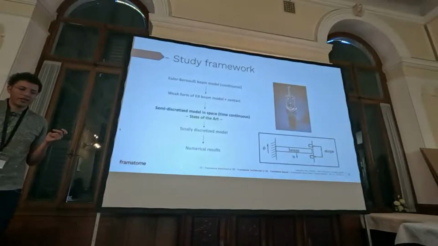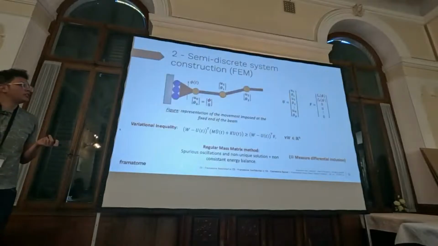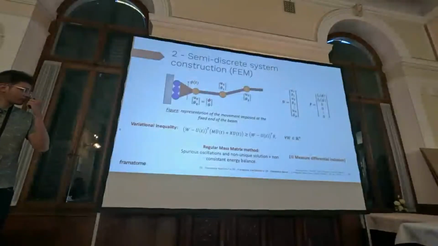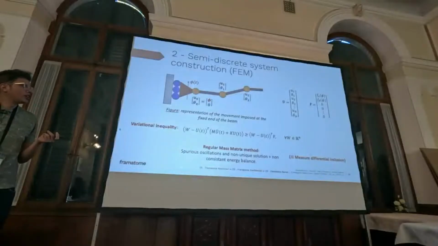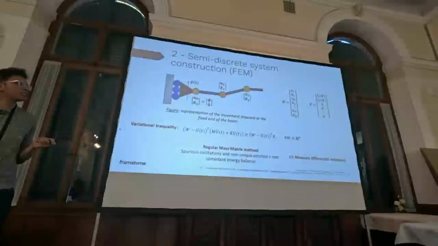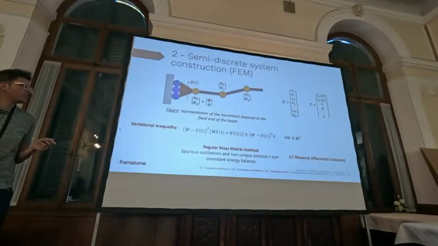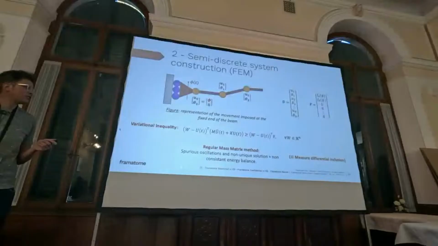This formulation also helps us define a discretization. Due to the high order of the space derivatives, we define degrees of freedom that are displacements and rotations at each node, and we get the following variational inequalities with the mass matrices and stiffness matrices.